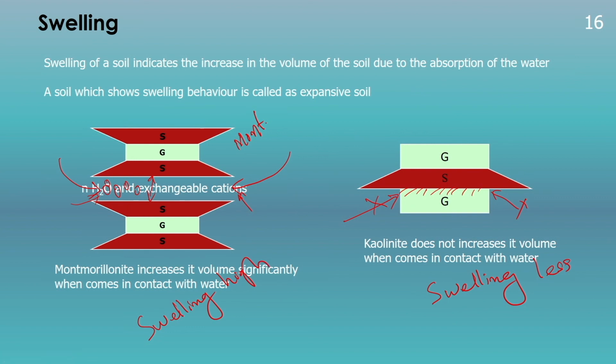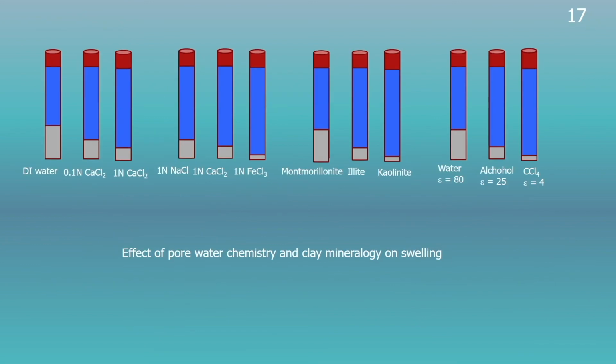Now, we will see the different factors which control the swelling behavior of these two minerals. Here, the different parameters which control the swelling are taken, in this case for montmorillonite. The effect of salt concentration has been taken here.